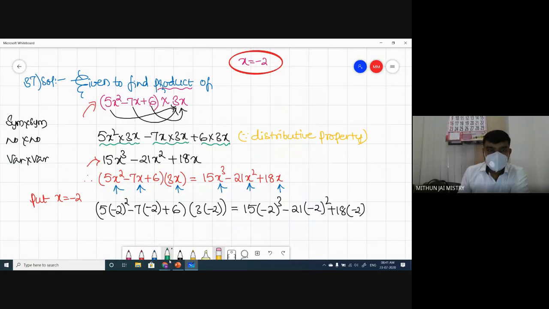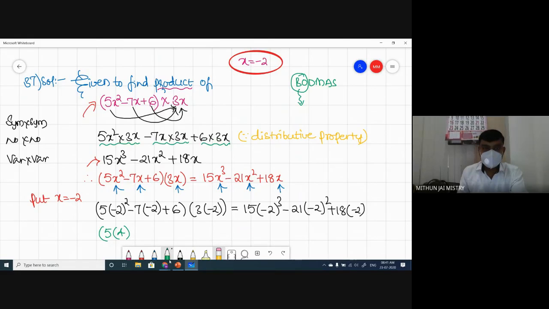So now let me solve inside. First, we have certain rules like BODMAS, which says that first we need to try to remove the brackets. That means remove the bracket. So first go inside and see here, 5 into (-2) whole square, right? Minus square is plus and 2 square is 4. So here (-2) whole square will become 4. 5 into 4.